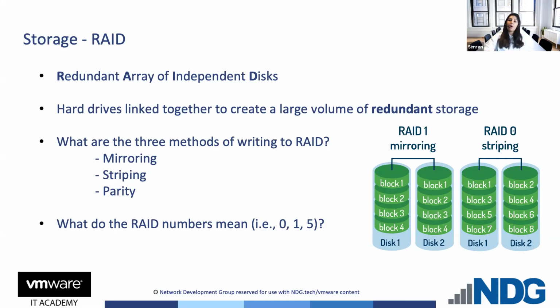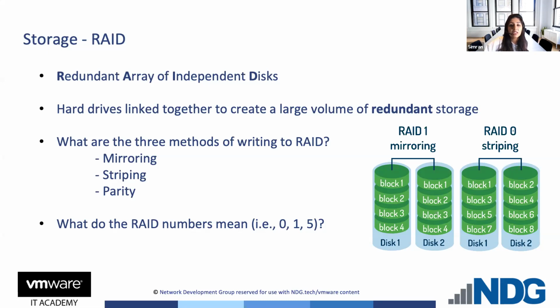In a RAID setup, the data is copied on multiple disks, so that in the event of a disk failure, no data would actually get lost. There are all sorts of different kinds of RAIDs, but we'll only be covering the four main ones in this session. So there's RAID 0, RAID 1, RAID 5, and RAID 10.